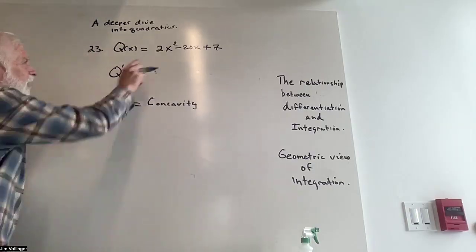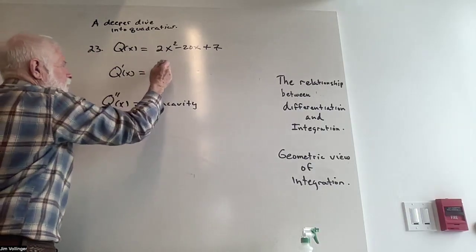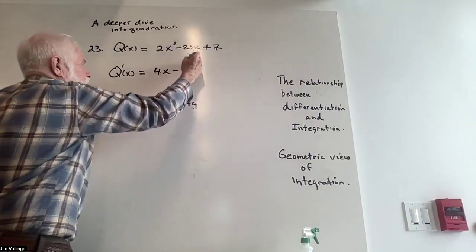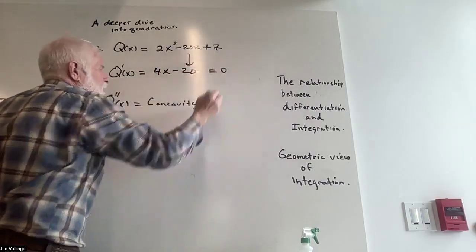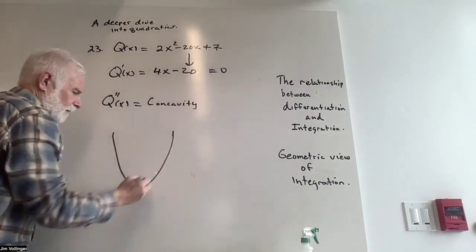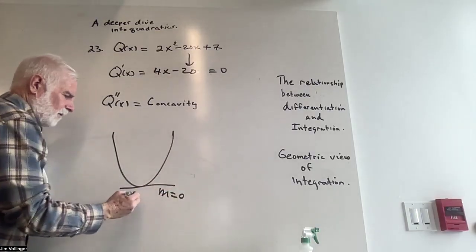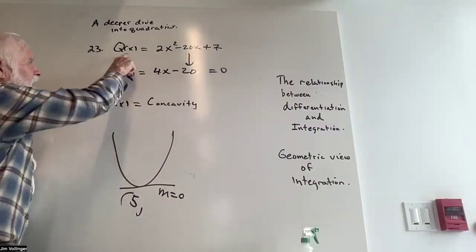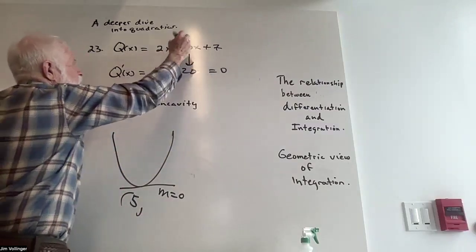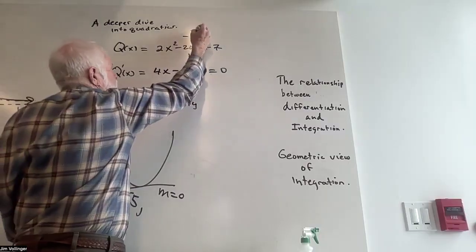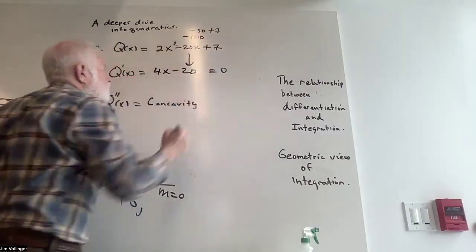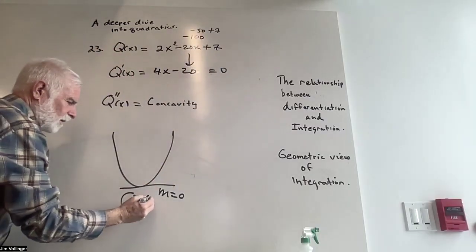So, rate of change, 2x times 2, 4x minus 20. Those don't change. When does that equal 0? At x equals 5, I get a slope that is 0. I plug 5 back in. I get minus 100, cut in half, minus 50 plus 7, minus 43. Taking the shortcuts now.